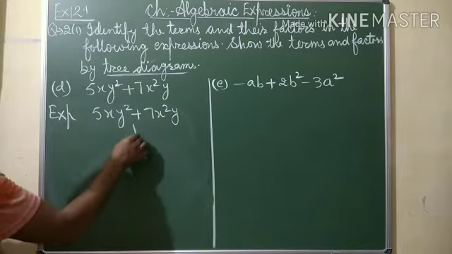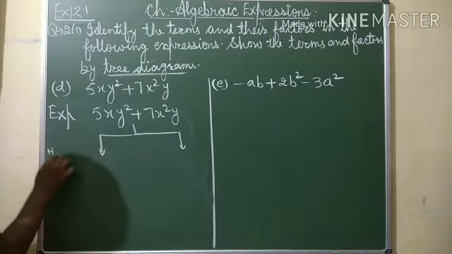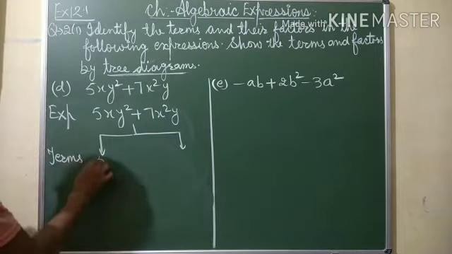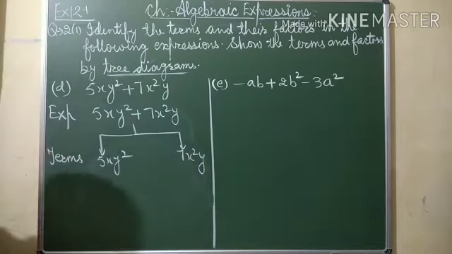Since this expression contains two terms, so write here terms 5xy square and 7x square y.